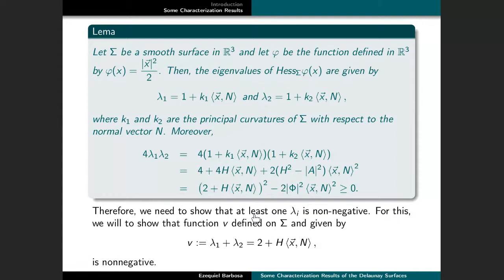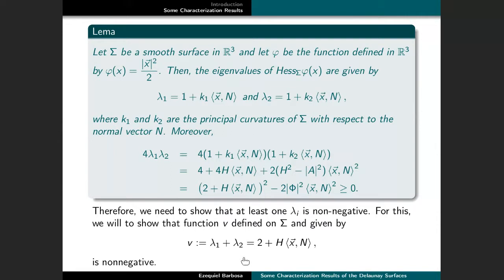So this point is an umbilic point. And because of the complex structure of the surface, this umbilic point is an isolated point. And so we can explore this situation in order to prove that this point where this function is 0 cannot exist. And so this function here has a sign.